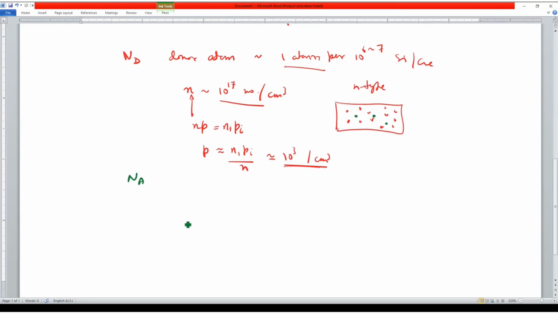Just try to find that the hole has a mass, an effective mass.